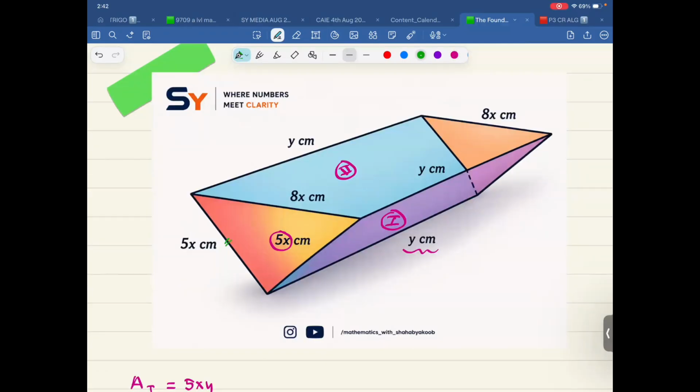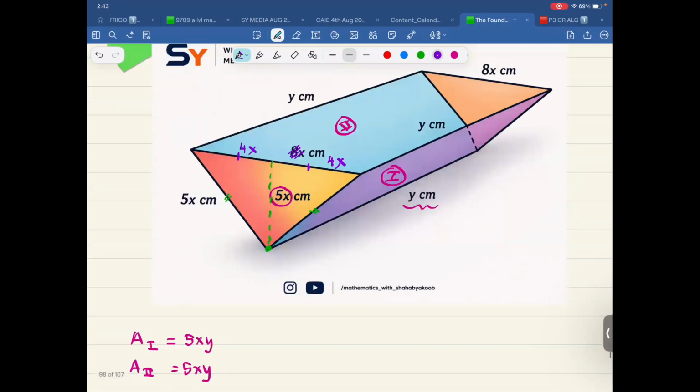This is isosceles. This is 5x, 5x. That means if I drop a perpendicular like this, then these two sides are equally divided. So this 8x actually becomes 4x and 4x. Now, there is Pythagoras theorem application over here. If this is 5x, this is 4x, this height is h. This 5x is basically this.